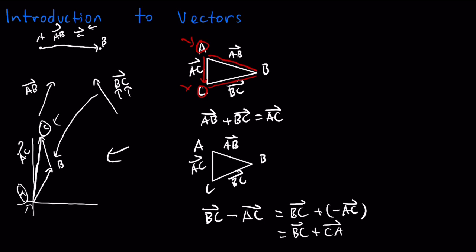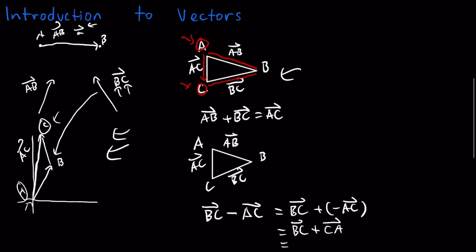And from what we previously learned, BC plus CA is simply going from B to A, which is equal to vector BA. So vector BC minus vector AC is equal to vector BA.